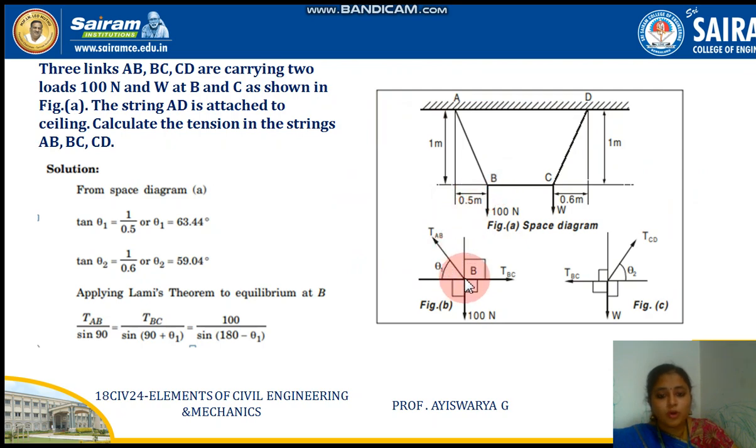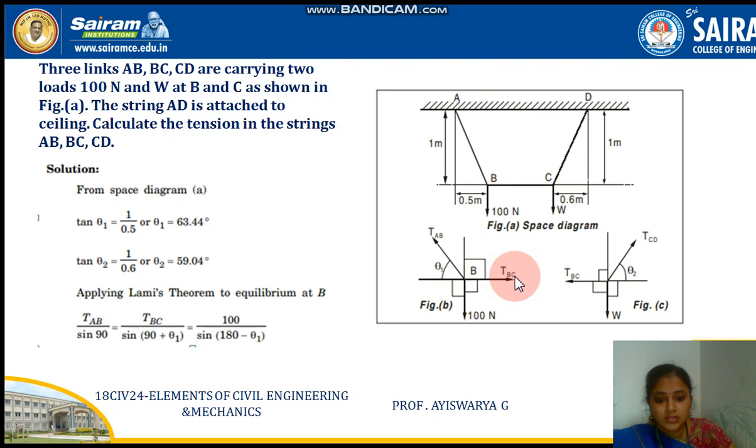So just plot an FBD for that point B. The 100 Newton is hanging at B, and tension TBC is towards point C, and tension towards A is TAB, and this is theta 1. We have already found theta 1, right? By applying Lami's concept you will get TAB divided by sine 90. Why 90? The angle between TBC and 100 Newton is 90 degrees, right?